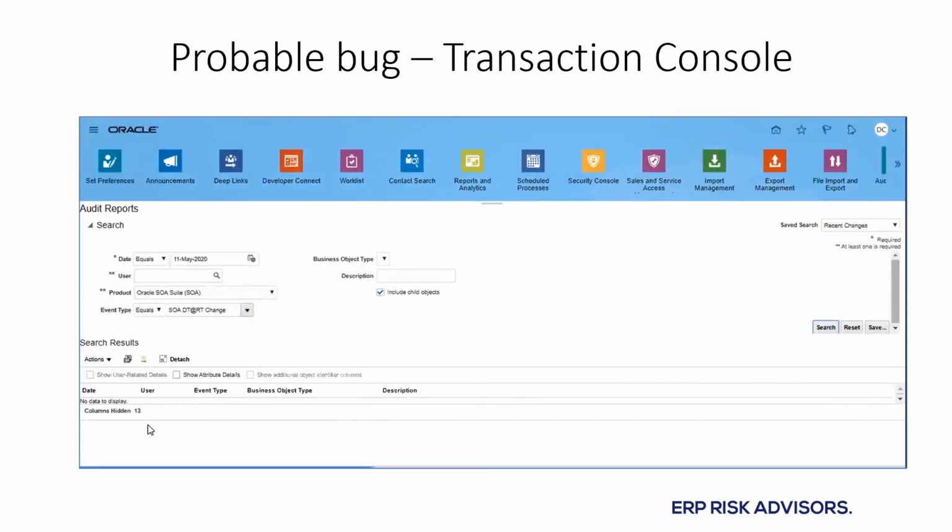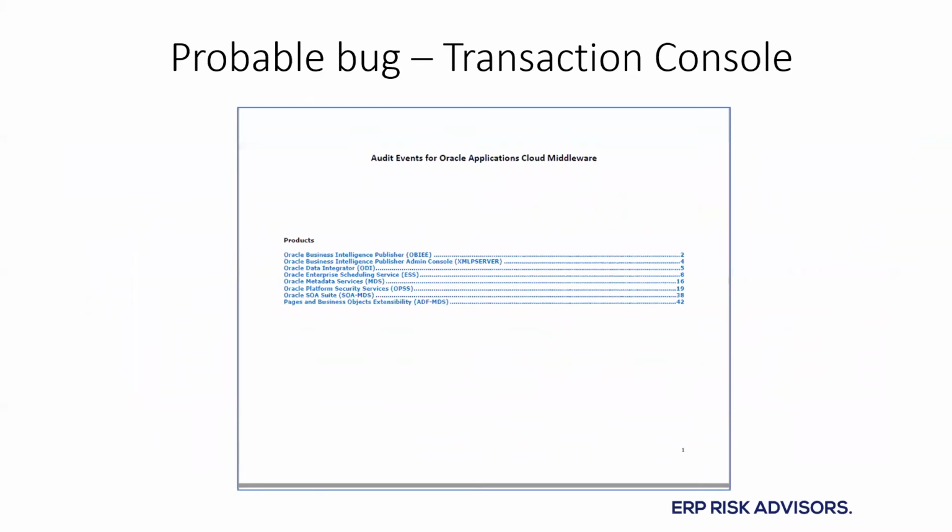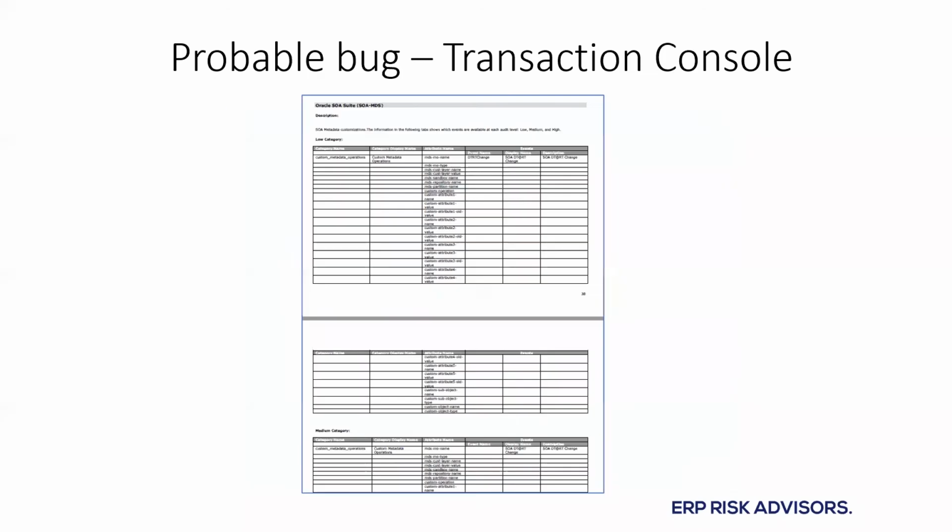After we made changes in the transaction console, we ran the audit policy for the SOA Suite and it returned no results. Another thing we evaluated is whether or not the level that was set for the SOA Suite audit policy would matter. This client had it set to medium, so we reviewed the audit events for Oracle Applications Cloud middleware document that Oracle publishes related to audit policies.